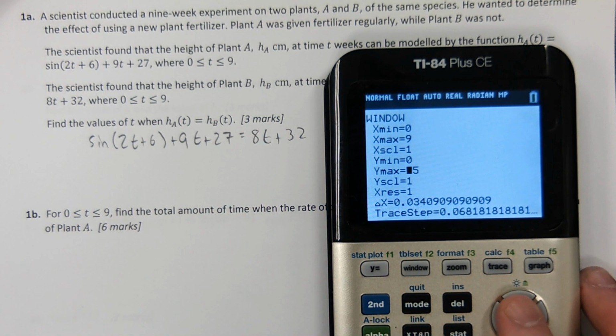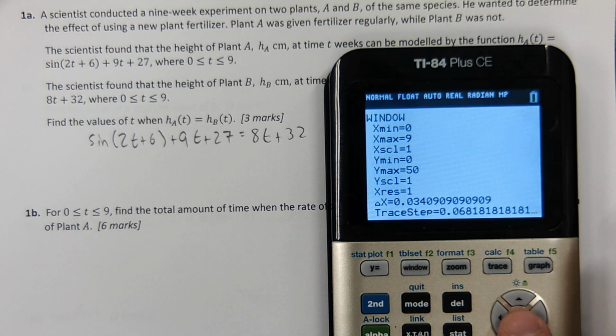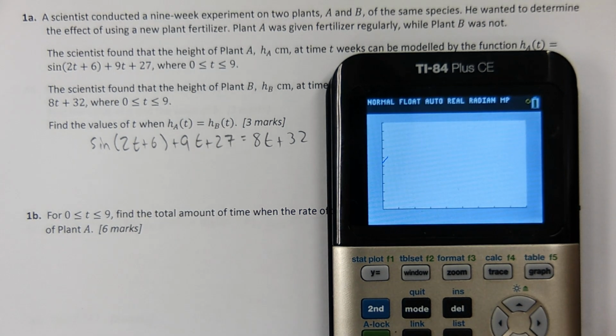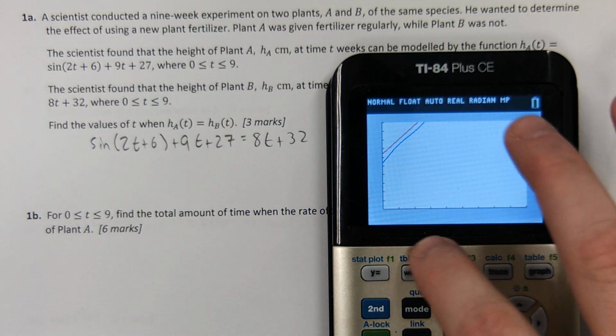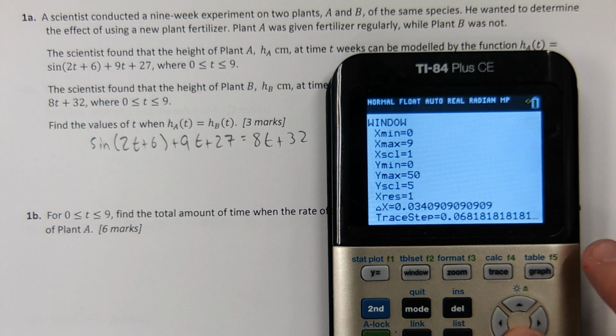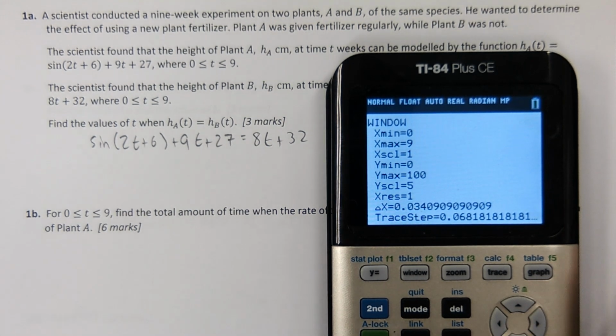So let's take it 0 to 50. Now, that didn't work. Where's the other line? There. Okay, so my y value is clearly not high enough. So window, 50, no bueno. Let's try 100.